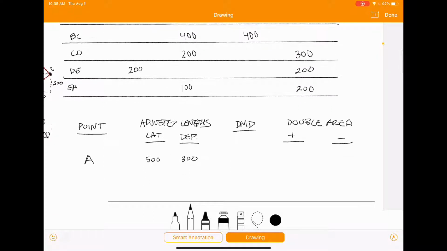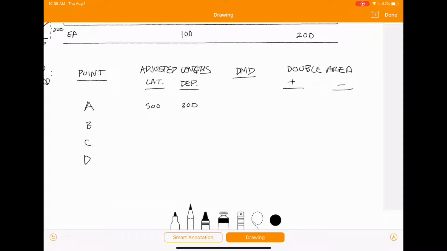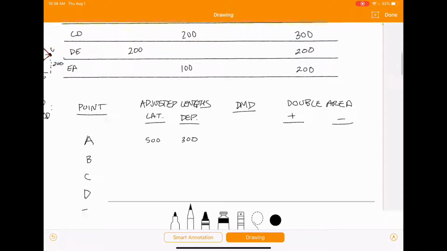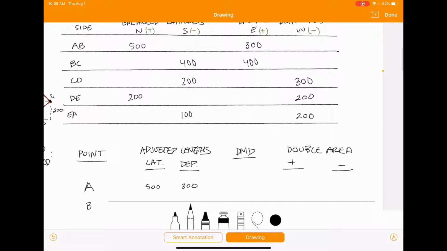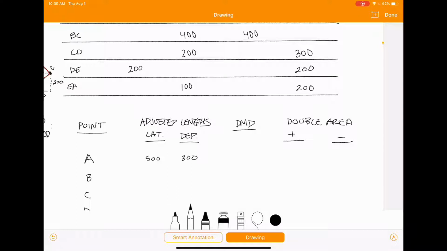And then we just follow that table all the way down for all of the points. So for B to C, we're going south 400, a negative 400, and then east 400, a positive 400.